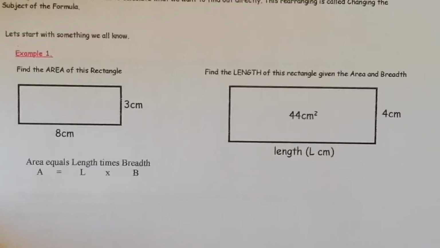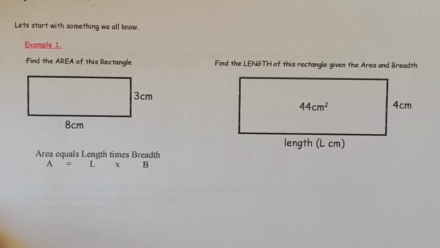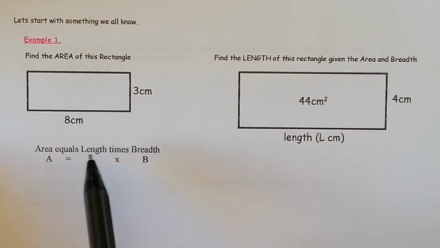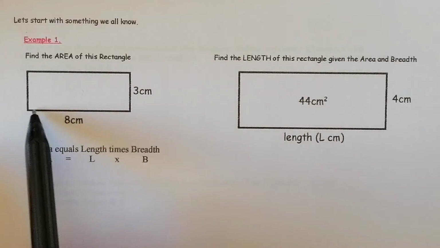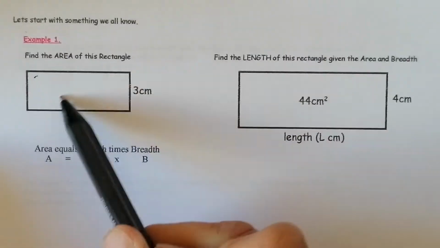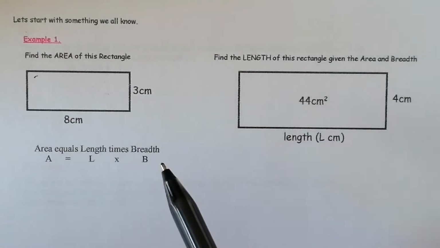So let's look at a simple problem, something that we all know, the area of a rectangle. We know the area equals the length times the breadth. If I've got a length and a breadth, I can work out how much space this takes up by working out its area.